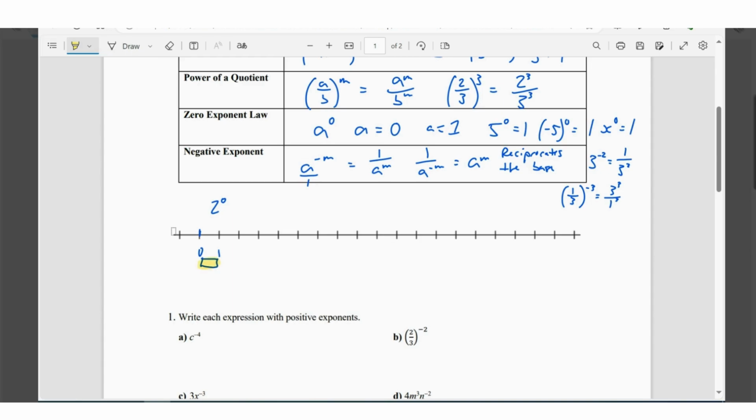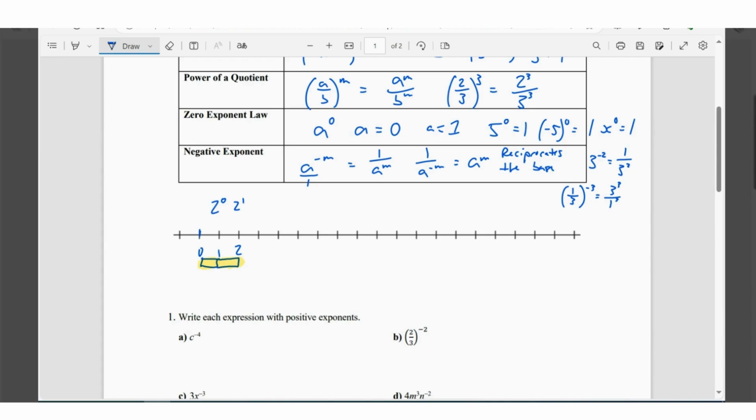So we've got 1, and now let's double it. We just doubled that. That's what the base means. That's what our base 2 means, that we're doubling each time. So now we're at 2 to the power of 1, or 2.